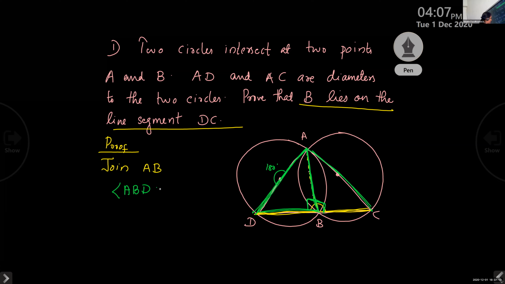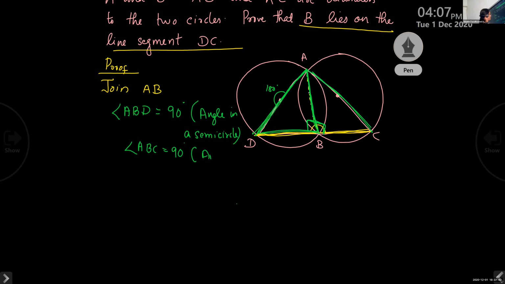So it is very easy to prove. Angle ABD equals 90 degrees. Reason: angle in a semicircle. And angle ABC equals the same 90 degrees. Reason is the same: angle in a semicircle.